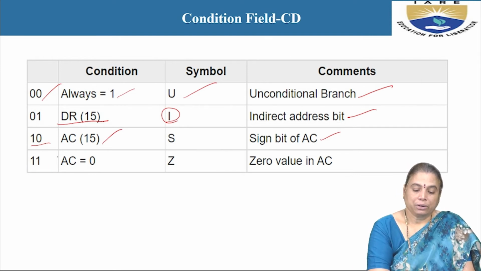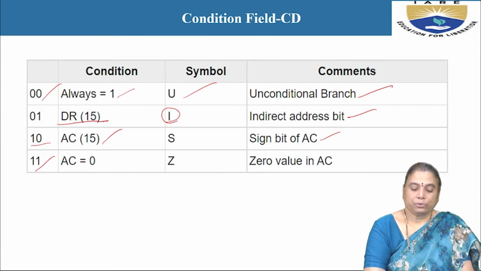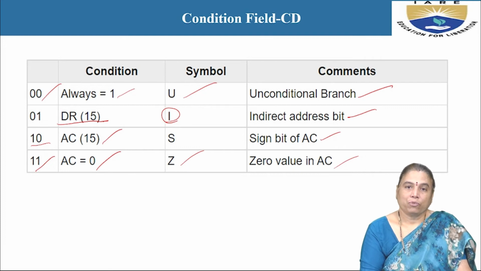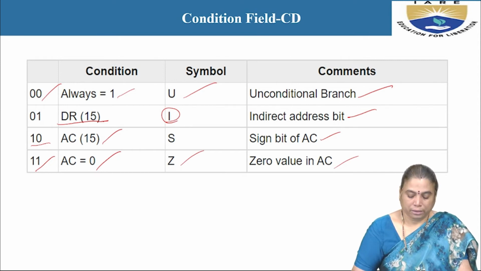And if the condition field consists of 11, then it checks whether the accumulator is equal to 0. The Z status bit is checked here, for a 0 value in the AC. So these are the 4 possible conditions that can be verified with the help of the condition field CD, which consists of 2 bits.